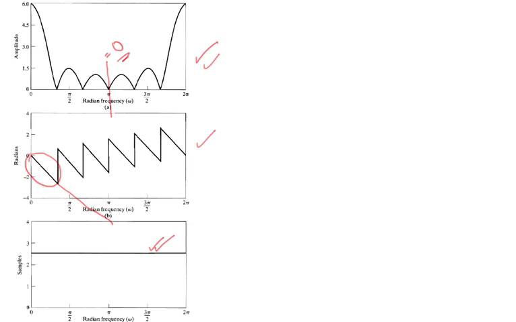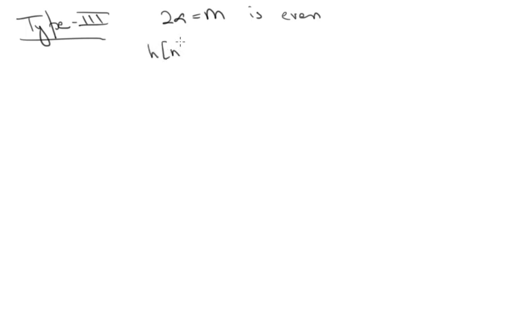Now let us discuss type 3 systems. For type 3 systems, your 2 alpha is equal to m, where m is an even number, and in this case you have odd symmetry around m by 2 in your impulse response.